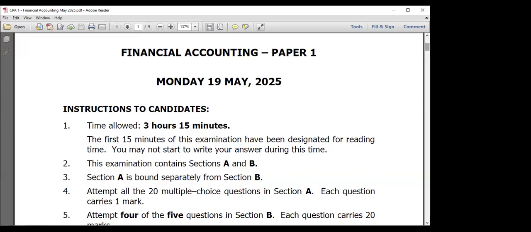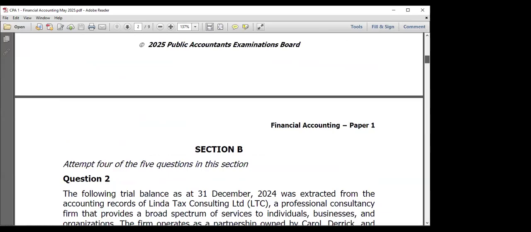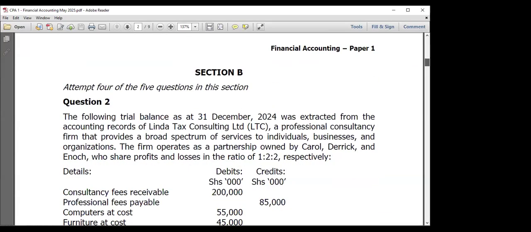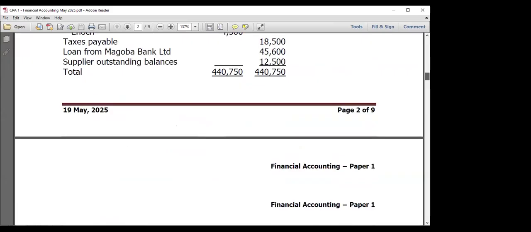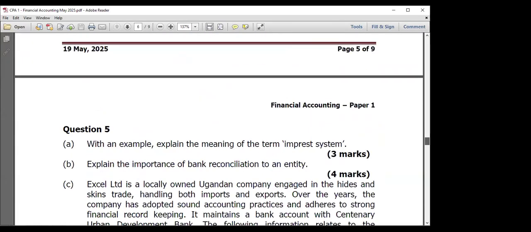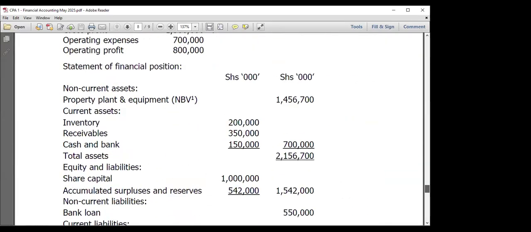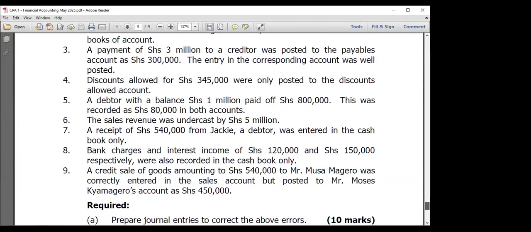So now for your section B, for the topic of errors, I'm going to give you a run through of this most recent sitting, question number 6. I always start with the required.